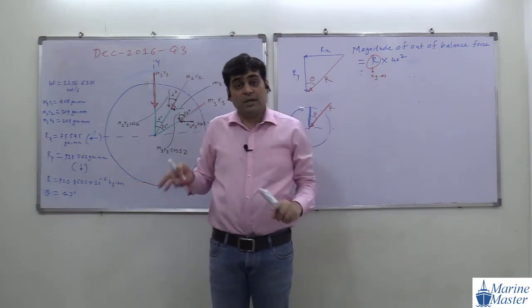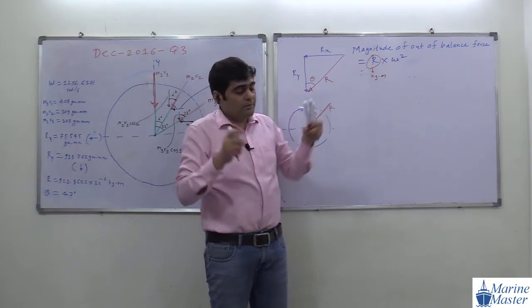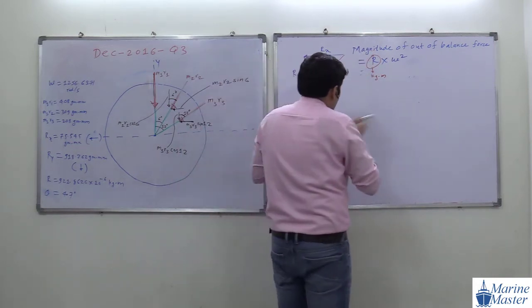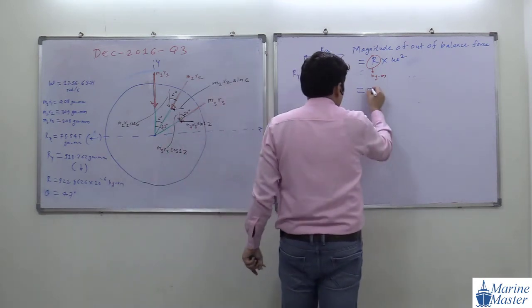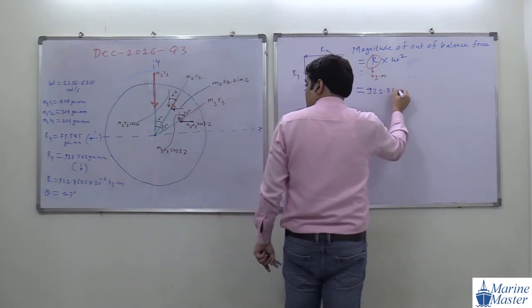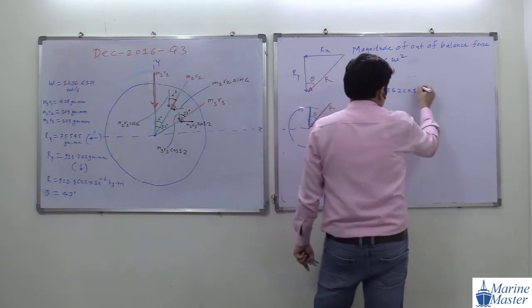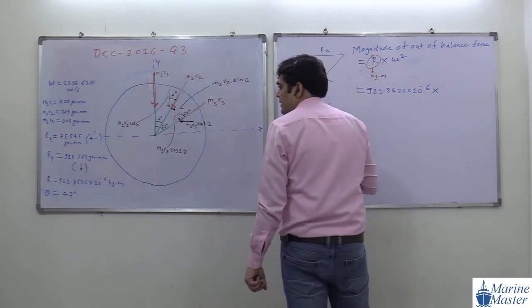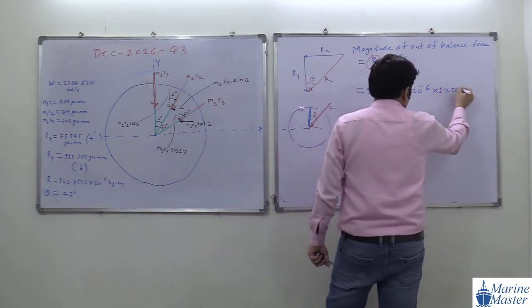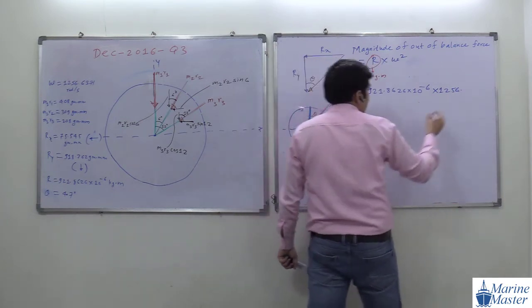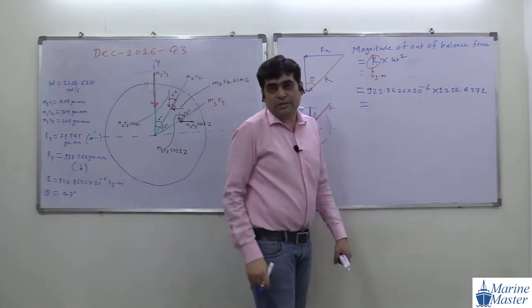But at the end, we want kg meter only for getting the out of balance force. So R is 921.8626 into 10 raised to minus 6, into omega, which is 1256.637. Please do the calculation.